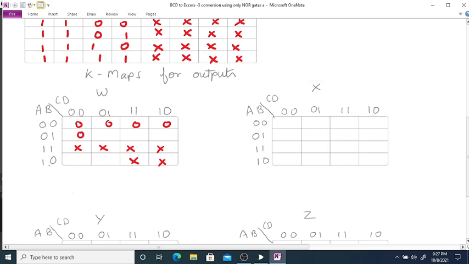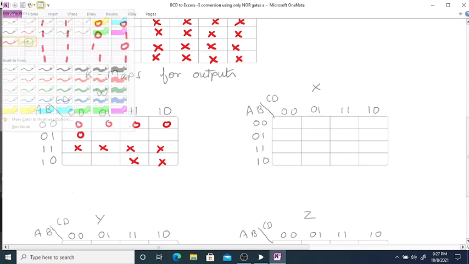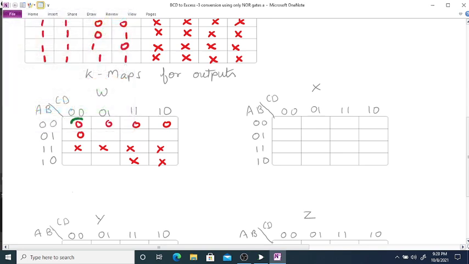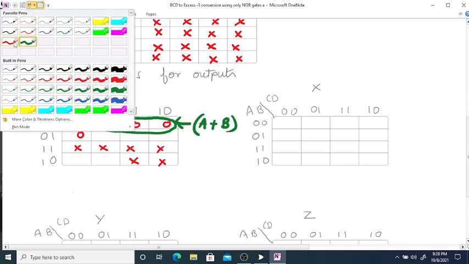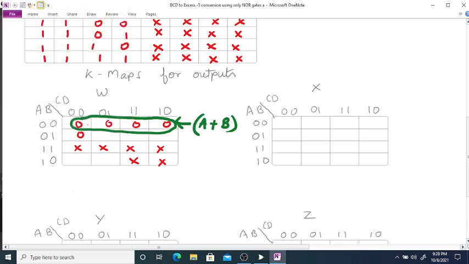Then here, if we group these zeros over here, we will get this one as a quad, and this quad is represented by A plus B. Then next we will consider this pair.